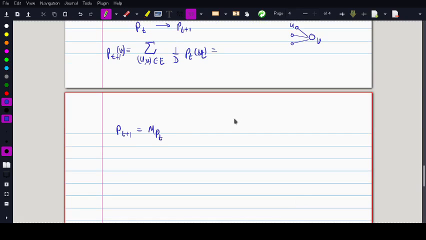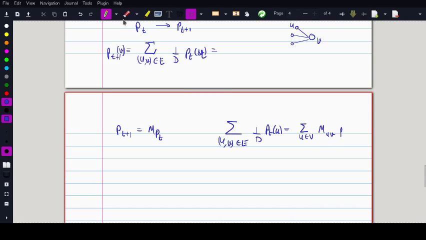Because you need to observe that the summation over (u,v) in E of 1 by d times p_t(u) will be equal to the summation over all the u's of M_uv, or rather M_vu because it's symmetric so it doesn't matter, times p_t(u).